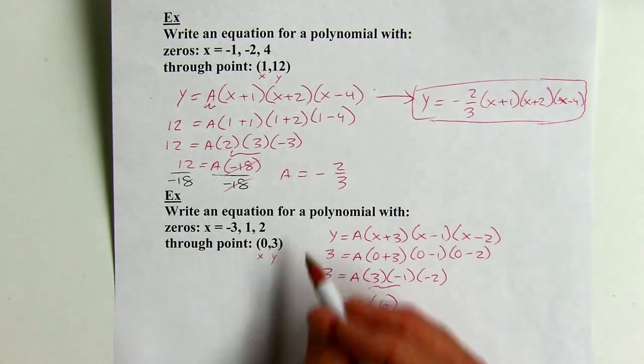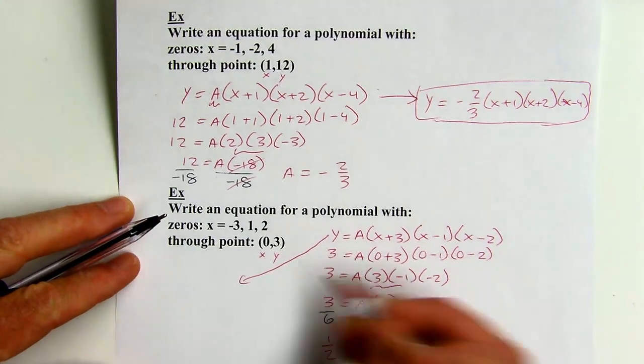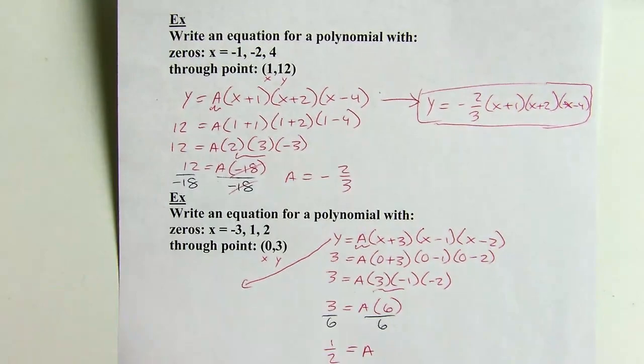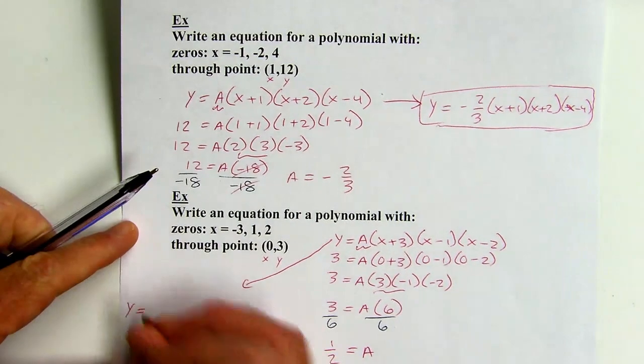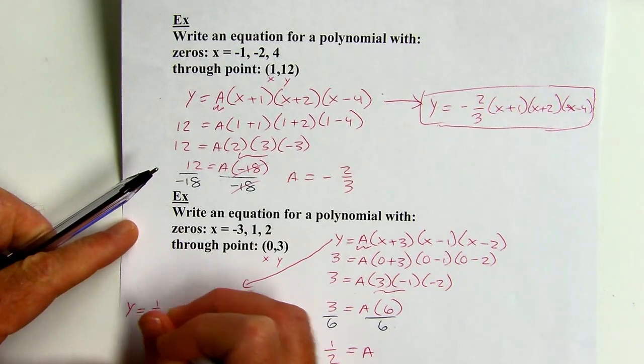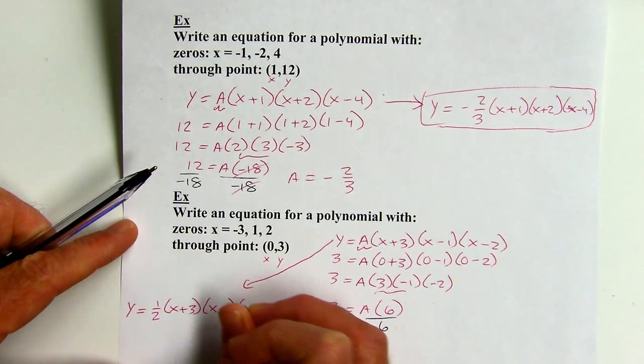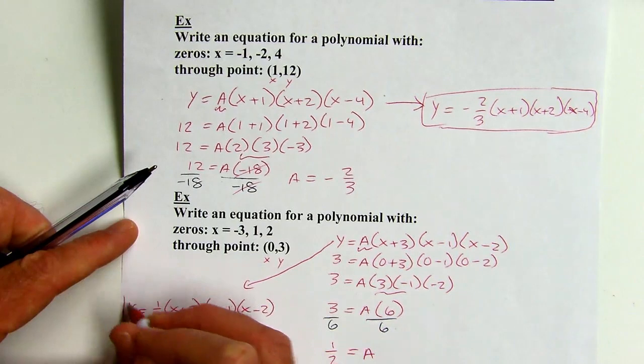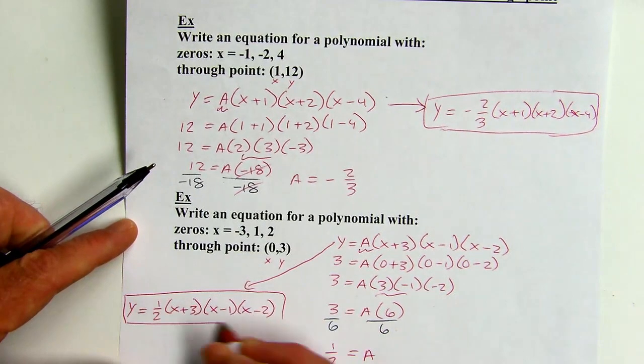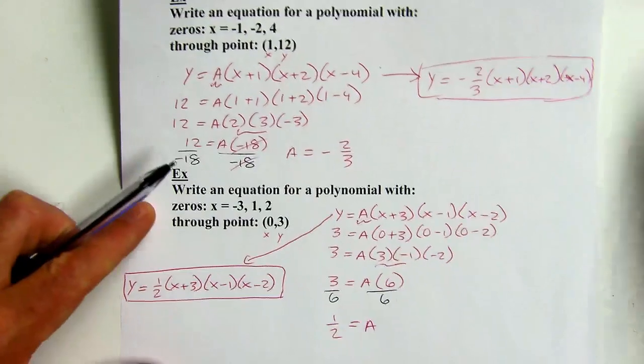Okay? So now I can go back and finish this. I found the a value, right? So just rewrite that with 1/2 in the a position. Okay, that is it, and I will see you next time.